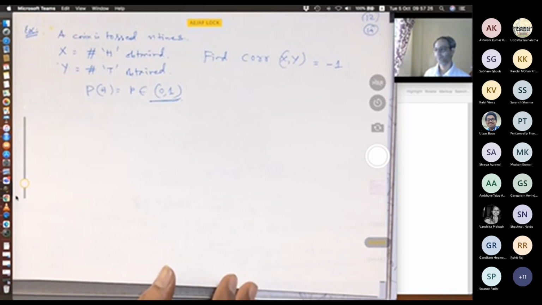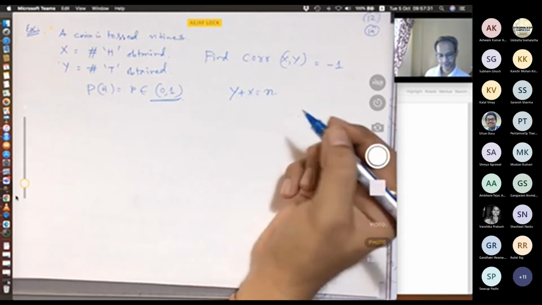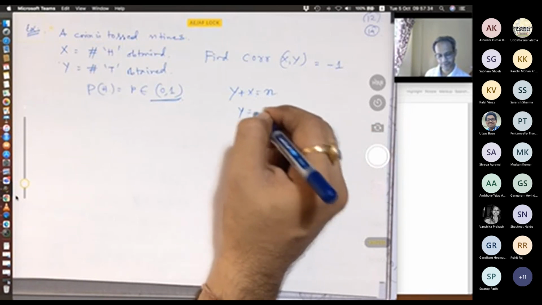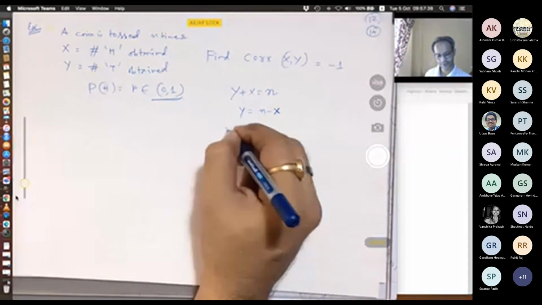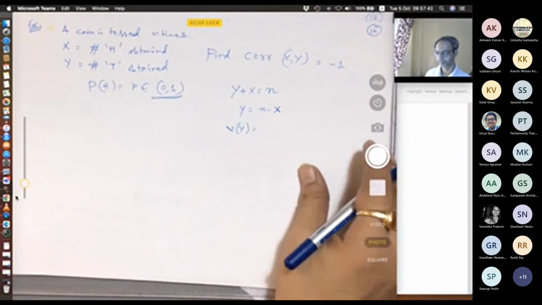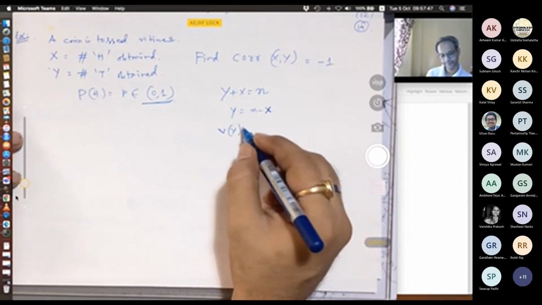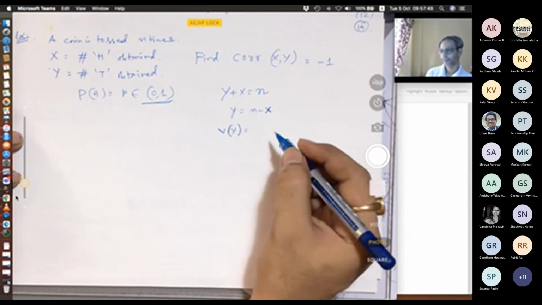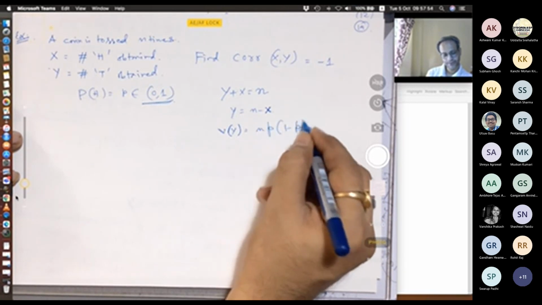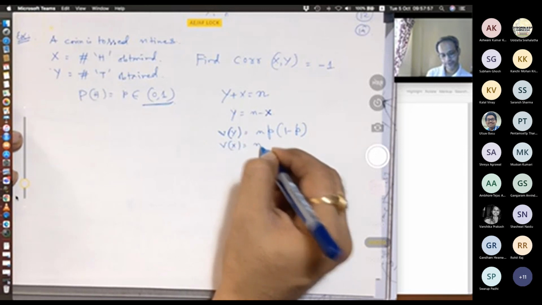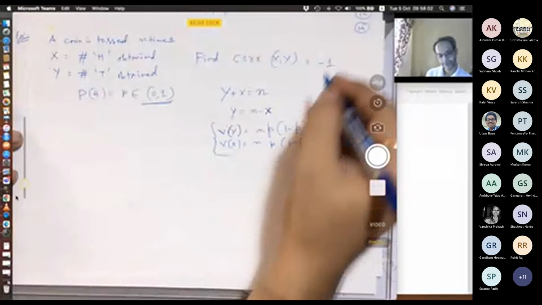Y plus X equals n, so you can write it as Y equals n minus X. And what is the variance of Y? It is n into p into 1 minus p, and the same thing as the variance of X, n into p into 1 minus p. So it is minus 1.